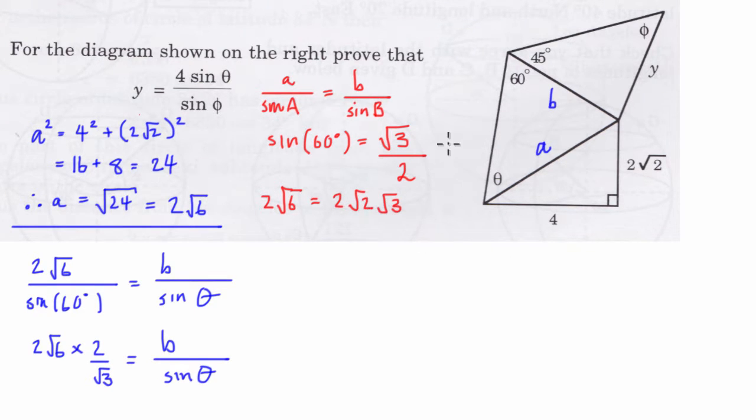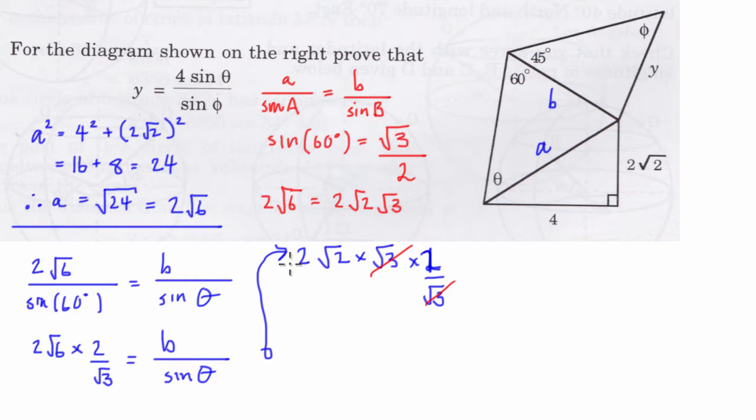The reason that it's important that we do this is because then, if we come up here, we can go 2 root 6, which is equal to 2 times the square root of 2 times the square root of 3, times 2 over the square root of 3. You can see that these square roots of 3 will cancel out.